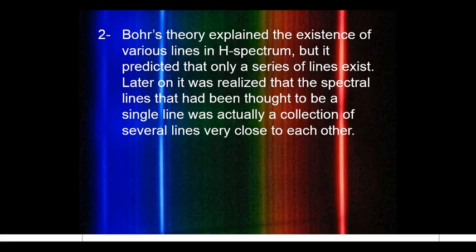Second, Bohr's theory explained the existence of various lines in the hydrogen spectrum, but it predicted that only a series of lines exist.